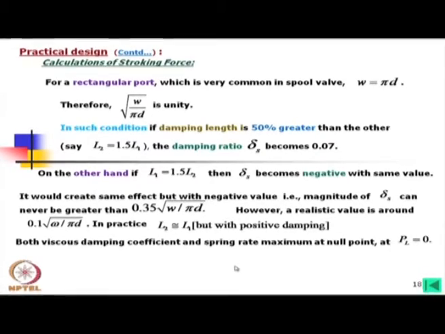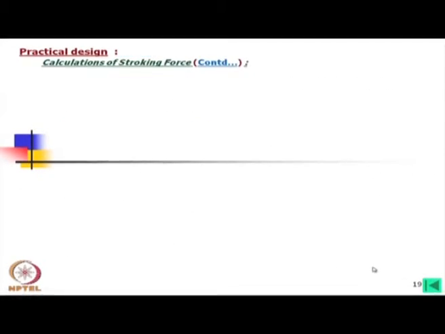Both viscous damping coefficient and spring rate are maximum at the null point, at P L equal to 0. So, with this value we can have K F 0 equal to 0.43 W into P S, that is the coefficient at the null point.